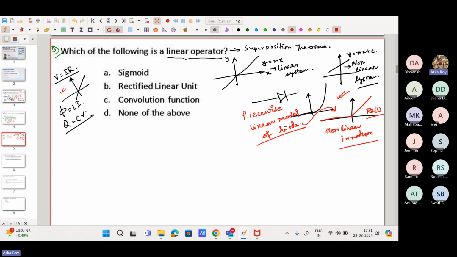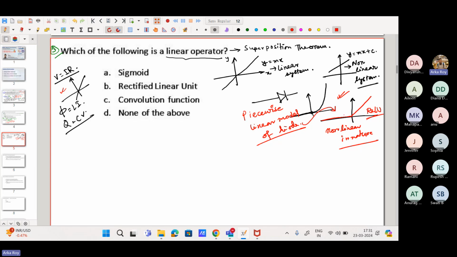As the diode is a nonlinear device, its characteristics are also nonlinear, and the same nonlinear operation is what you read in the deep learning section, named ReLU. So all these things are interconnected. This is just for inference.